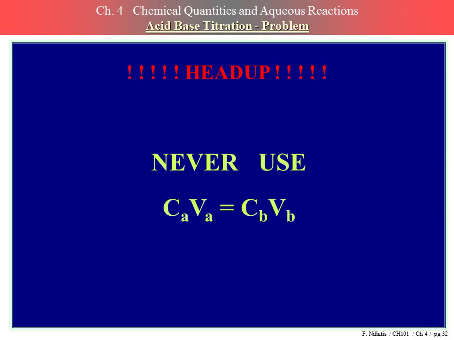Well, back in high school you were dealing with simple cases where that was true. For example, if you have the titration of sodium hydroxide with hydrochloric acid, the mole ratio between sodium hydroxide and HCl is 1:1. So C1V1 equals C2V2 does apply.